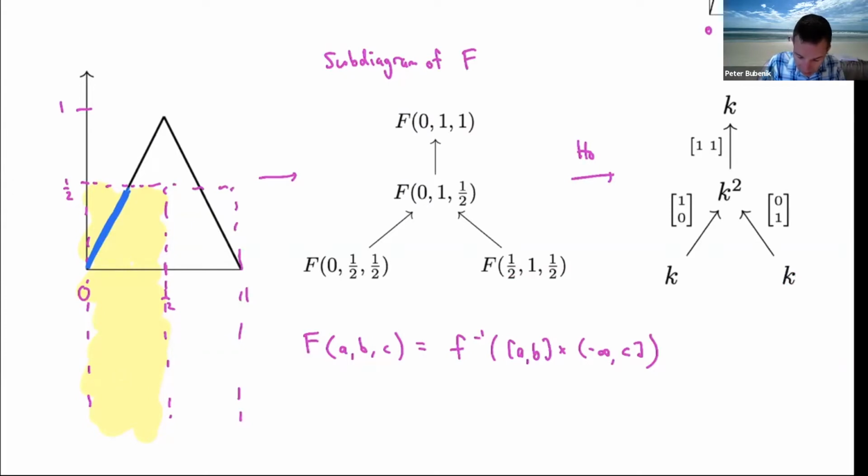And now we can look at the union of those 2 semi-infinite strips. That gives us the union of these 2 line segments. So H0 is now a 2-dimensional vector space.